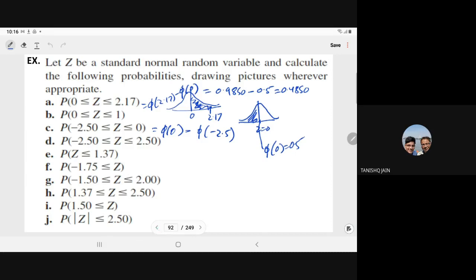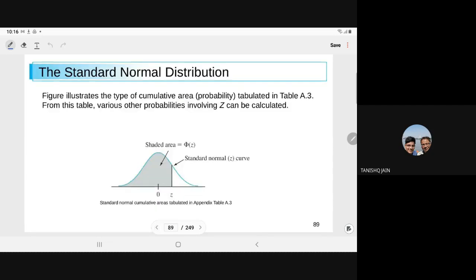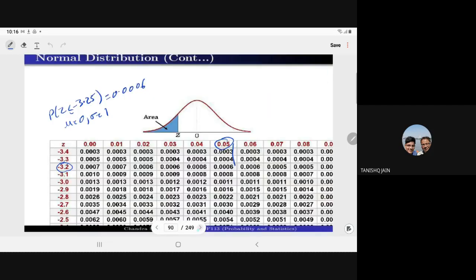If you have the book, see appendix A.3. In that, on the right-hand side, you check for 2.1 where positive 2.1 is written. Then in the column, you check where 0.07 is written.